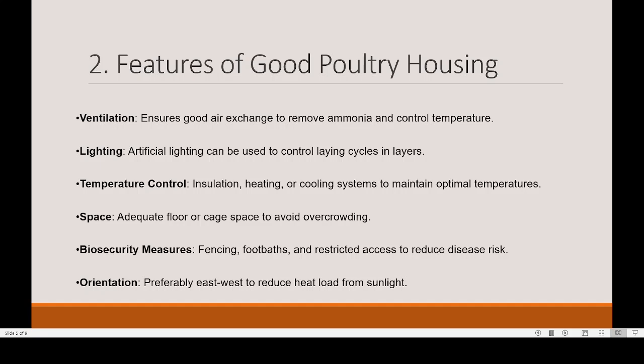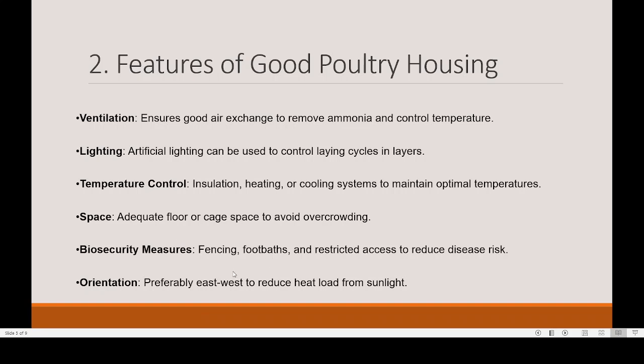So there will be a lot of stress, and this stress will produce a lot of hormones like adrenaline, oxytocin, etc. That will be harmful for the health of the birds, and they may be more prone to diseases caused by virus or bacteria. So that is the problem with putting birds in a crowded space. Adequate floor or cage space should be given.